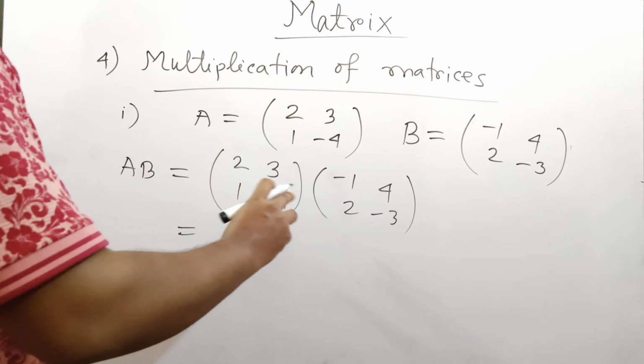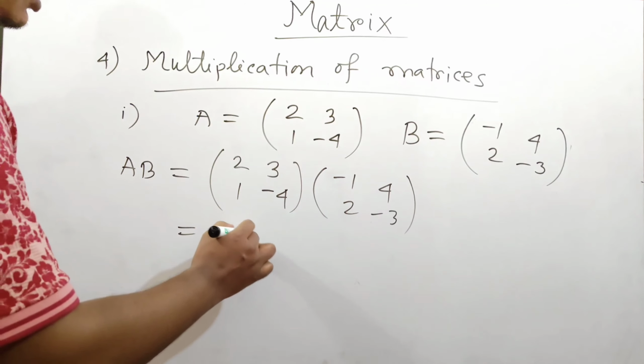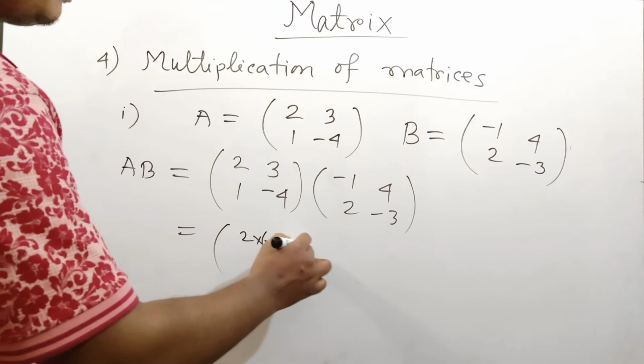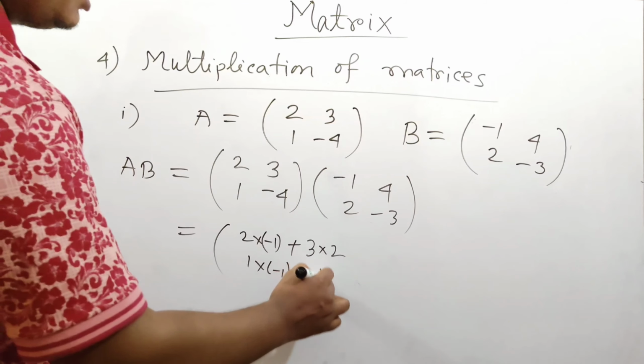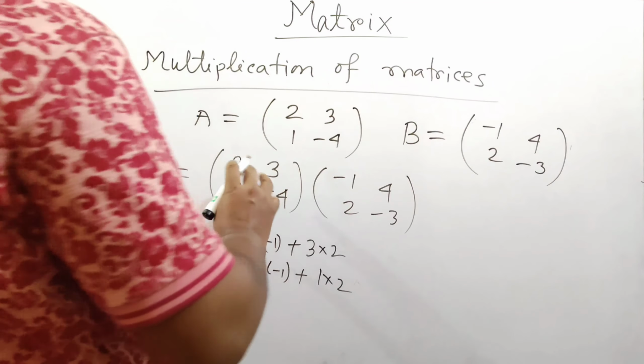You first multiply the first column with the two rows of the first matrix. So it should be 2 multiplied by negative 1 plus 3 multiplied by 2, 1 multiplied by negative 1 plus 1 multiplied by 2, and then we multiply the second column with the first two rows, that is 2 multiplied by 4 plus 3 multiplied by negative 3, 1 multiplied by 4 plus negative 4 multiplied by negative 3.